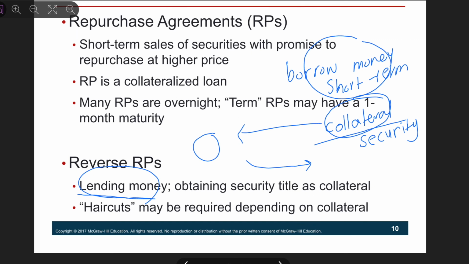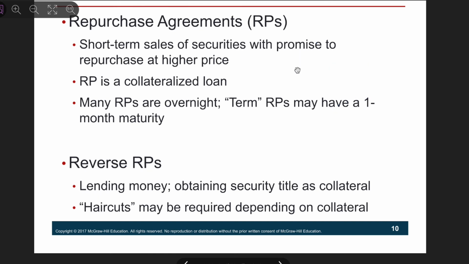So what happened in the repurchase agreement itself? You, the investor, with a broker or a company, want to borrow money and pay back the principal and interest, right?